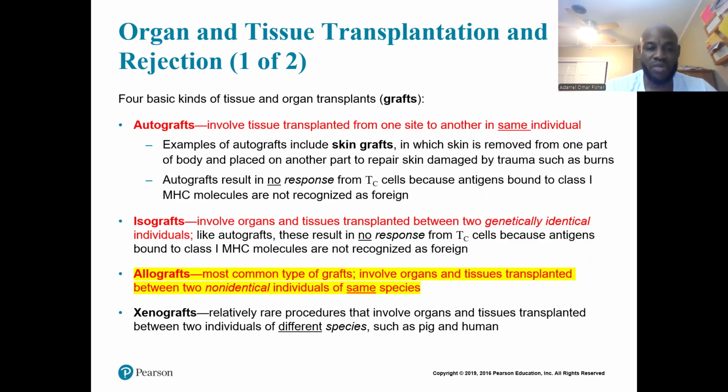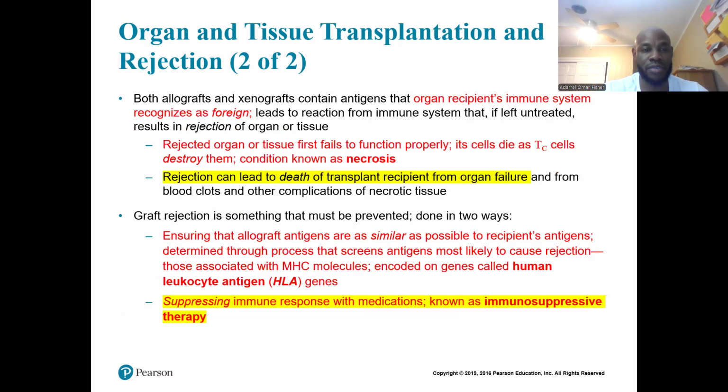Usually also does not present much of a problem. But allografts, which are the most common type of graft, involve organs and tissues transplanted between non-identical individuals. And so your body can sometimes recognize that graft, that organ or that tissue, as foreign and try to attack it.